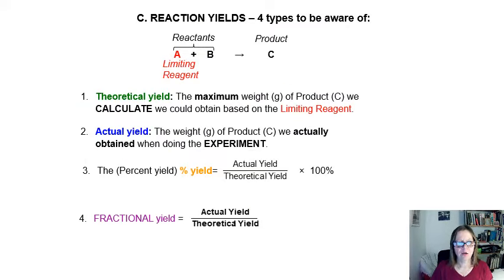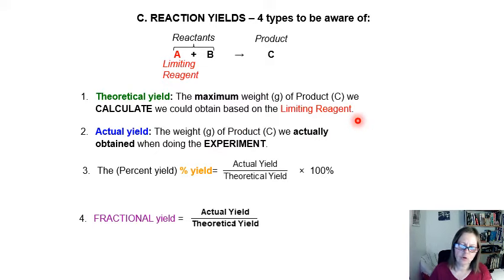All right, we are going to talk now about reaction yields. So when we have a reaction that involves two reactants, one of which will be a limiting reagent, we will get a product C. The theoretical yield of the reaction will be the maximum weight of product C we can obtain based on the limiting reagent.